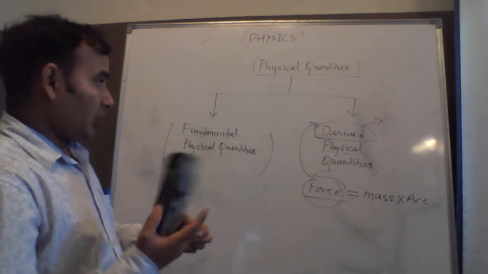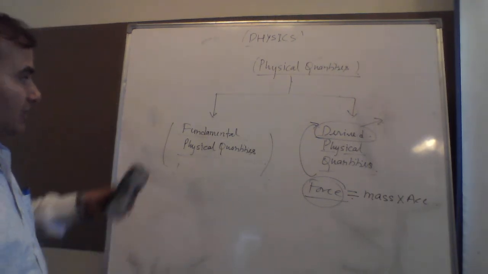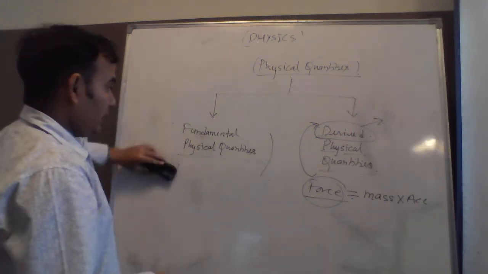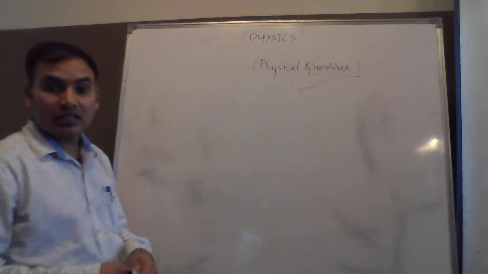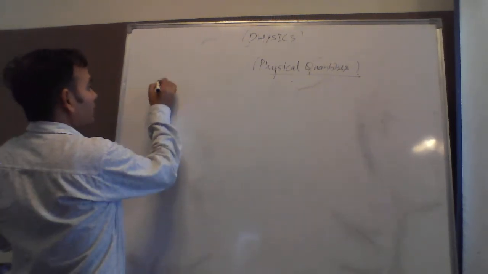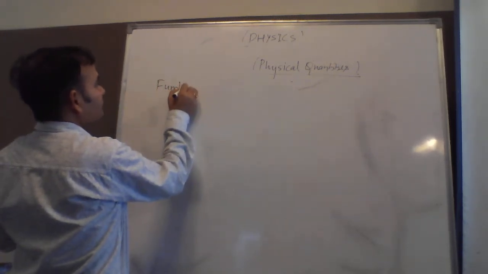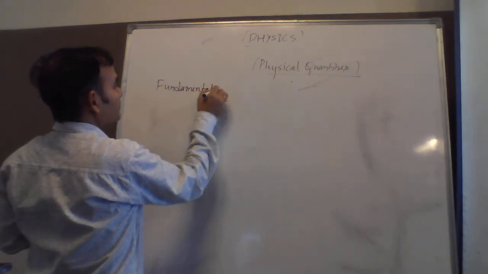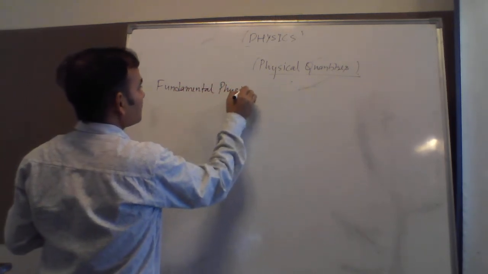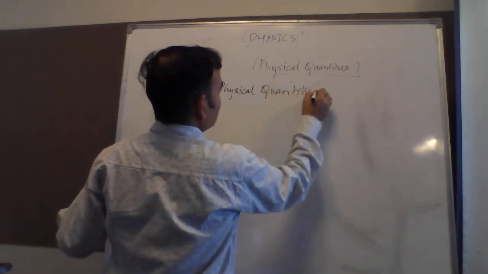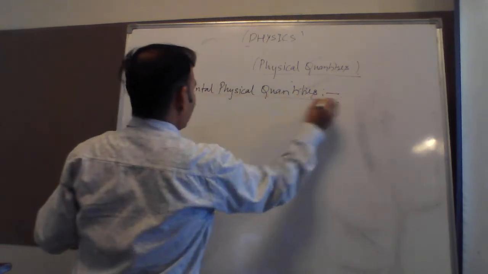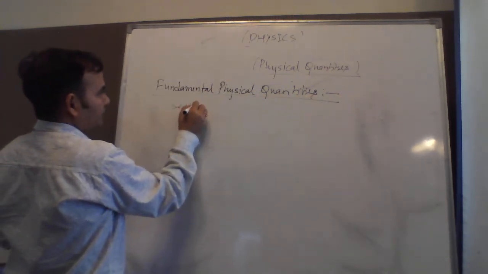Okay. Now in physics there are only 7 fundamental physical quantities.